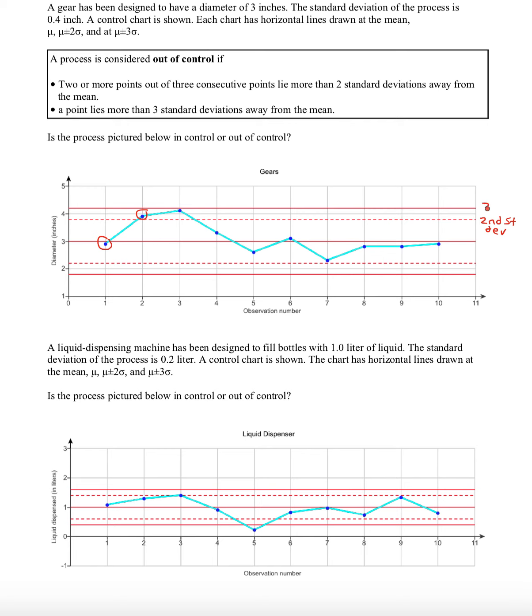And the next marking is the third. So that point is more than 2 standard deviations away from the mean. And so is this one. So for that reason, we'd say out of control.